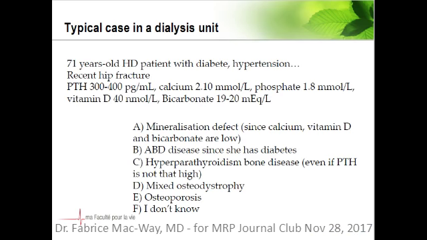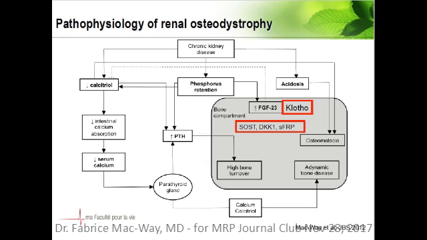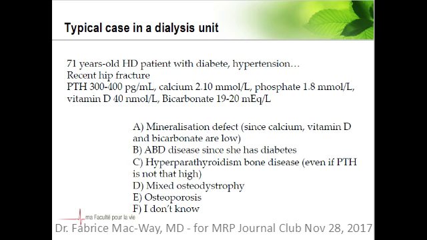This is, I would say, the classical pathophysiology of renal osteodystrophy. Because of the low kidney function, phosphate of course accumulates. There is a low calcitriol because the kidneys are not activating 25-hydroxyvitamin D. So you develop hypocalcemia and hyperphosphatemia, and both contribute to the elevation of PTH, parathyroid hormone.